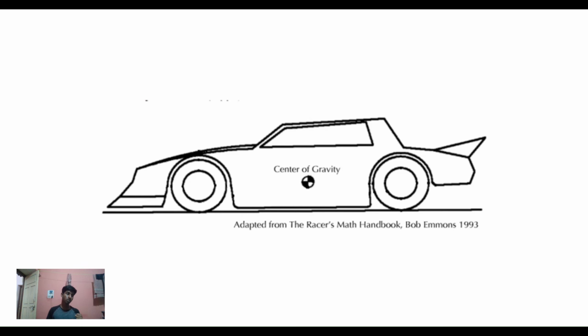The position of the CG greatly influences the overall stability of your car and also the handling. Now you might see supercars, right? Supercars will always have a low sitting or low CG position with respect to the ground.